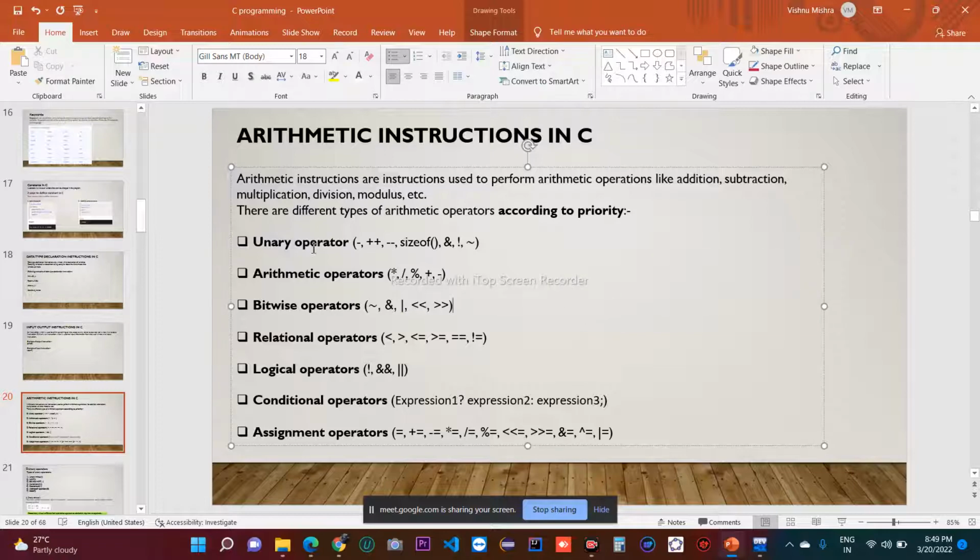Similarly, in programming also, whenever more than one operator occurs in one line, then the operator which has a higher priority will be executed first.